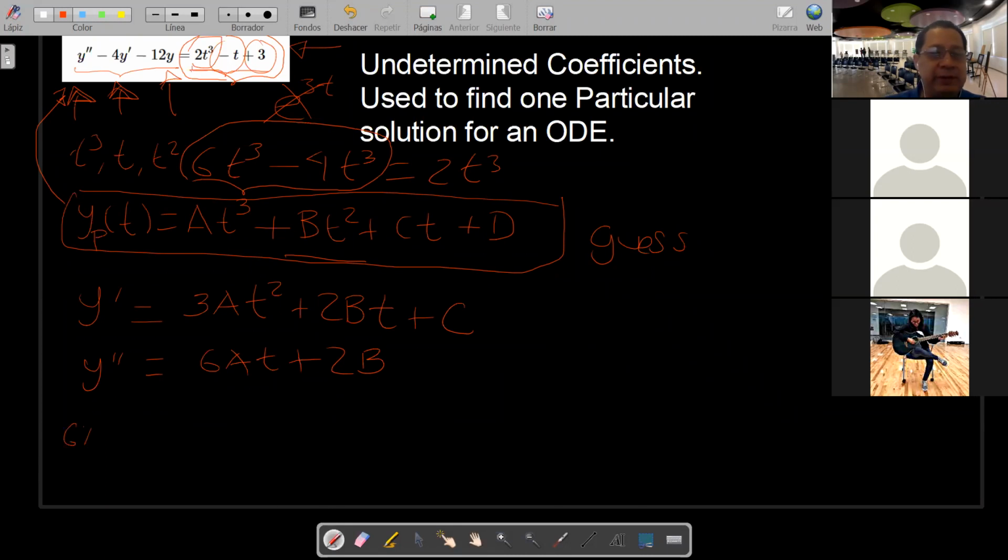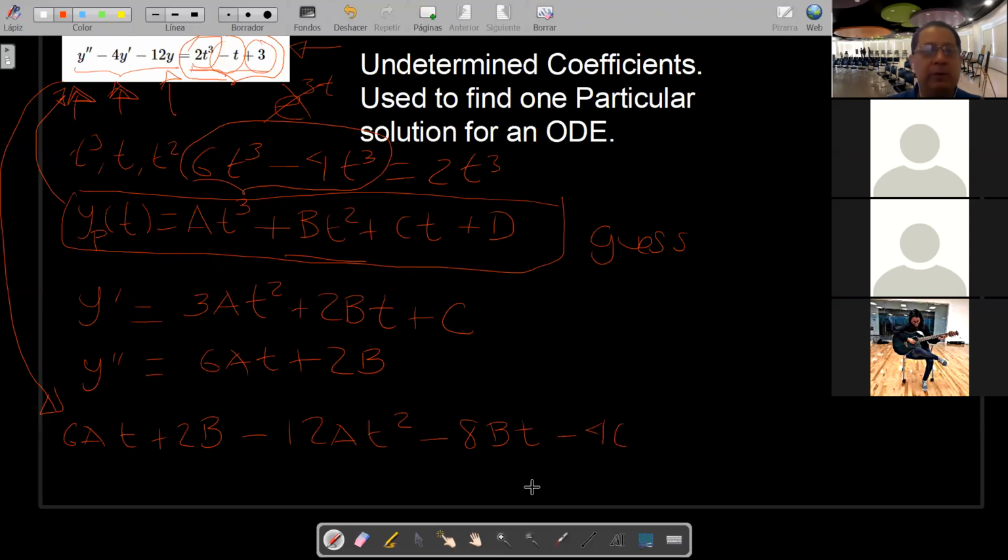So replacing these values in the equation will give us this expression, minus 4 times y prime and minus 12 times y.